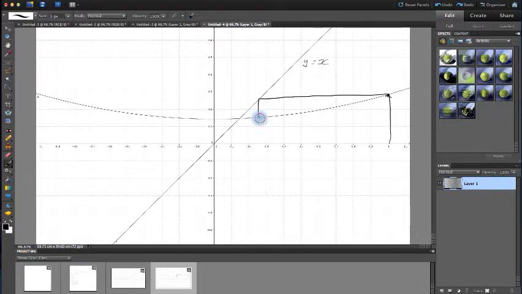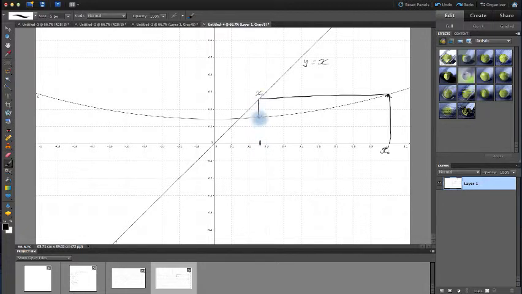So let's do this properly. 1 was our x naught, so our x naught there. And whatever this value is here across on the y-axis is this point here. So that's sort of our x1, whatever value that is there.